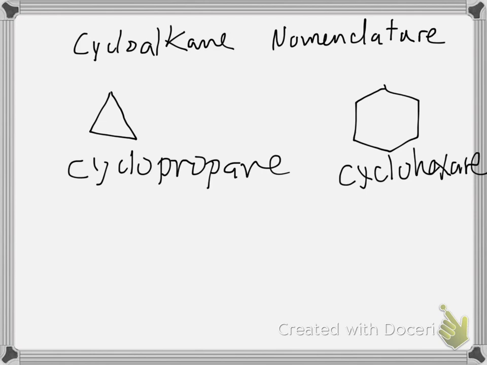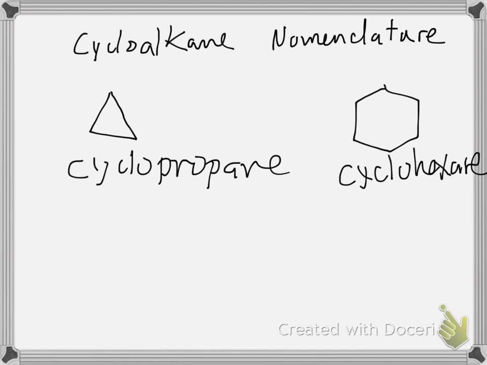When you start to put different substituents on the ring, you have to name them as substituents. You either have to be part of the parent, remember, or you're going to be a substituent.